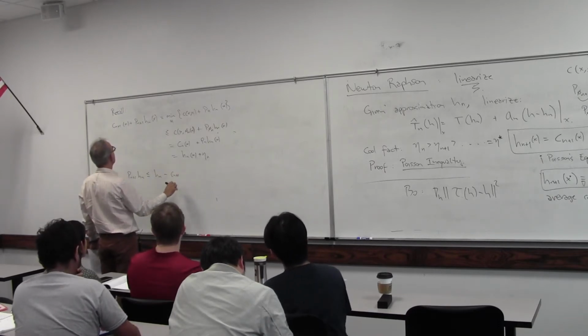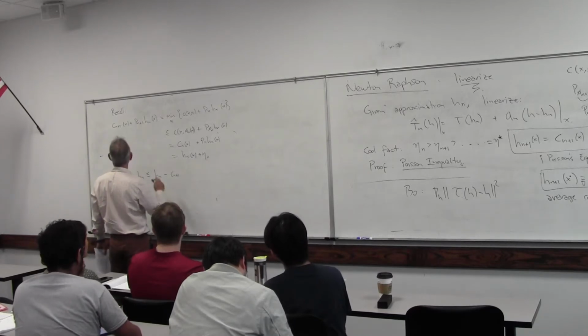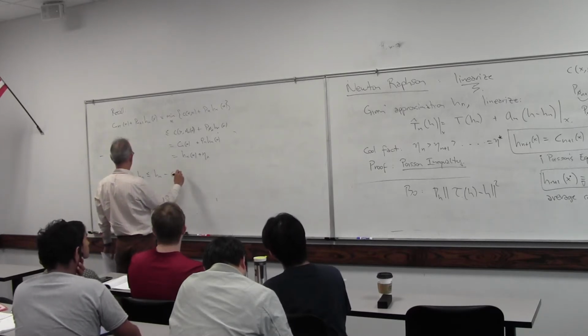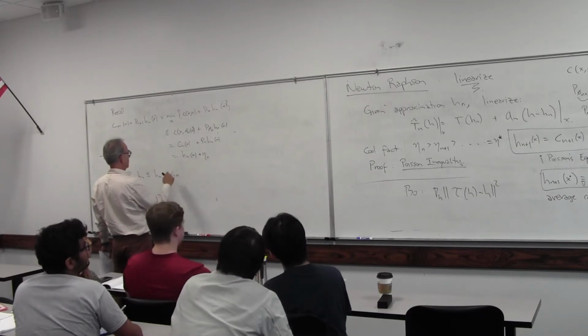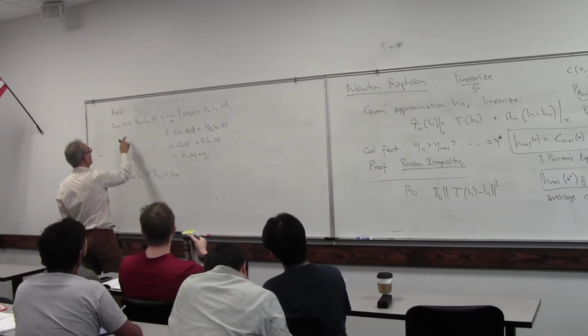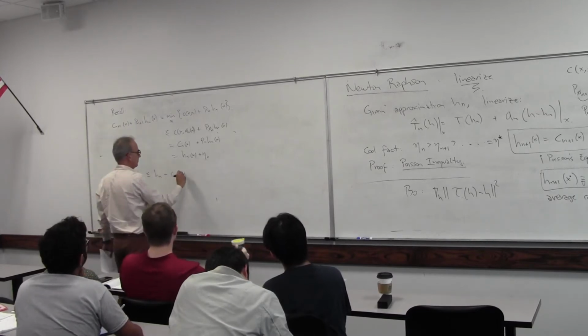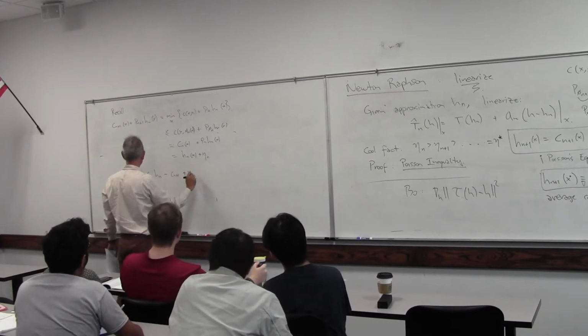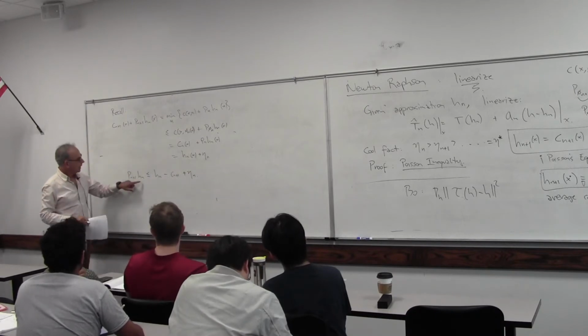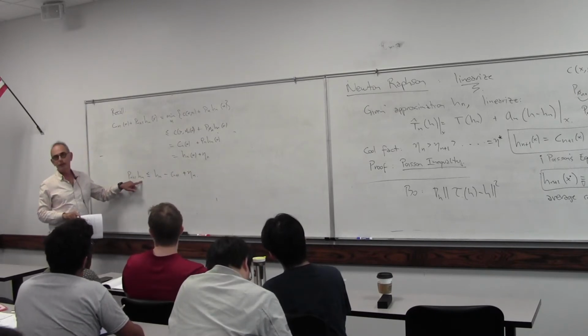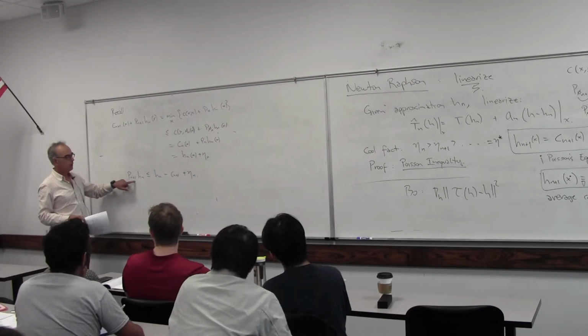Oh, wait. Minus Cn+1. I put that to the other side, that's there, and then plus Hn. So Hn serves as a Lyapunov function for the n+1 policy.